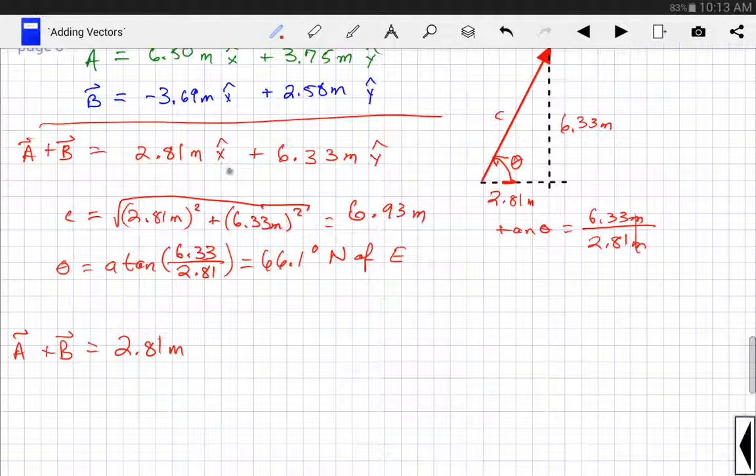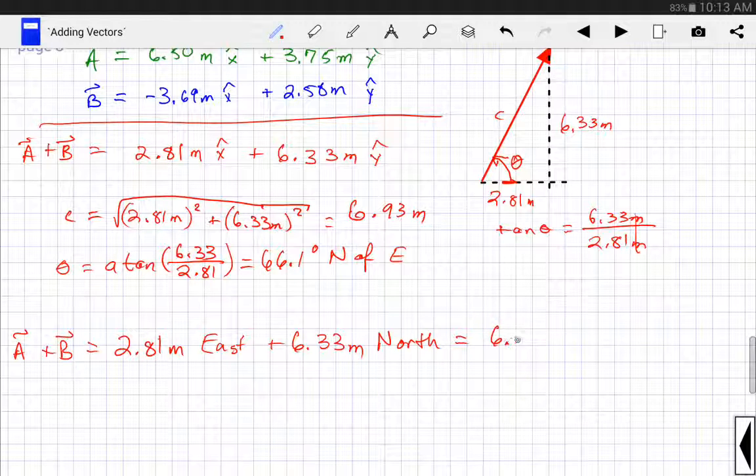Now instead of x hat, my x was east, so I'm going to put east, plus 6.33 meters, and instead of y hat, I'm going to put north, and that's equal to 6.93 meters at 66.1 degrees north of east.